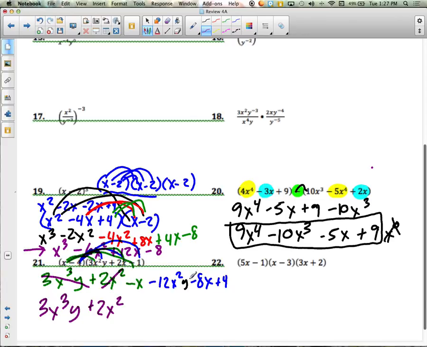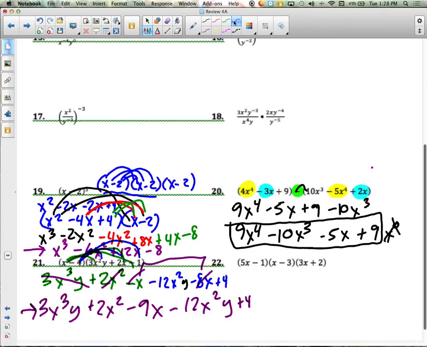Alright. I've got a minus x and a minus 8x. Those are like terms, so we can combine these two. That gives me negative 9x. And then I have the minus 12x squared y. And then we have the plus 4. And there's no other like terms. So this is our final answer right here.